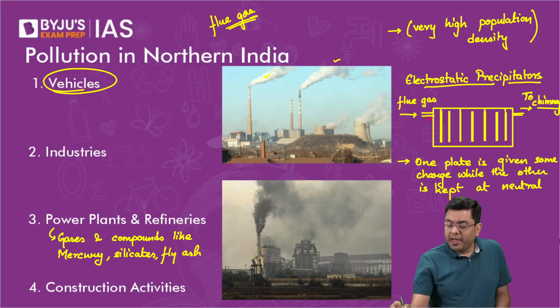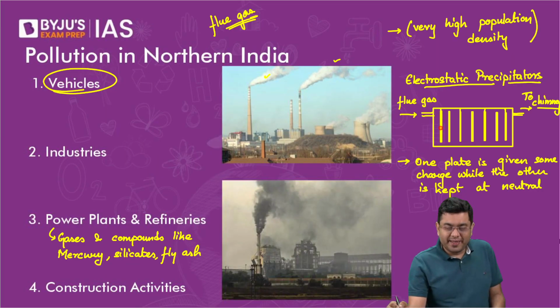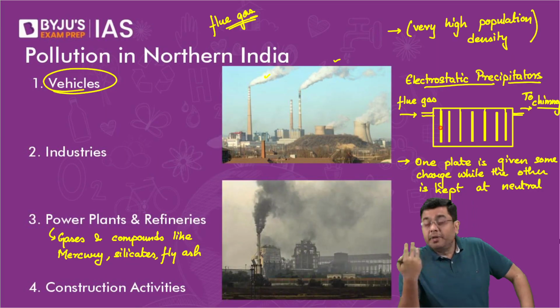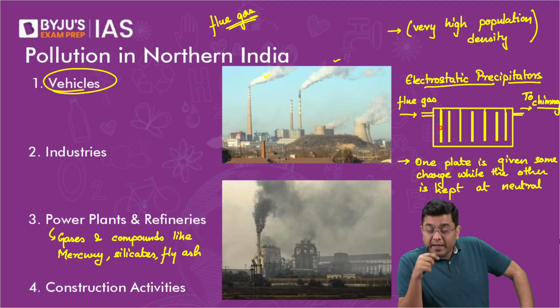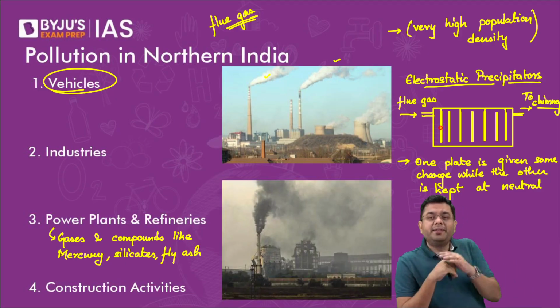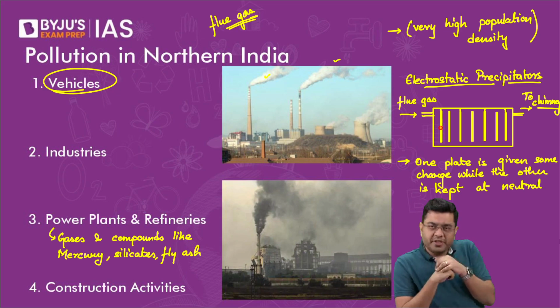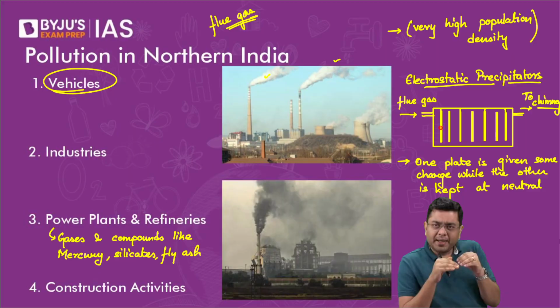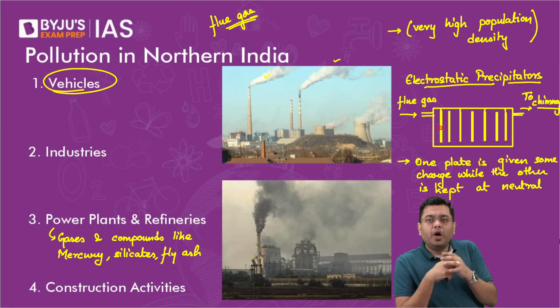Right. So here what happens, as these flue gases enter, along with that many of the particles also enter. Temporarily, a charge is provided in one of the plates and the other plate is kept neutral. As a result of that, there's a kind of potential difference. Due to that potential difference, the particles tend to gain or lose a charge.